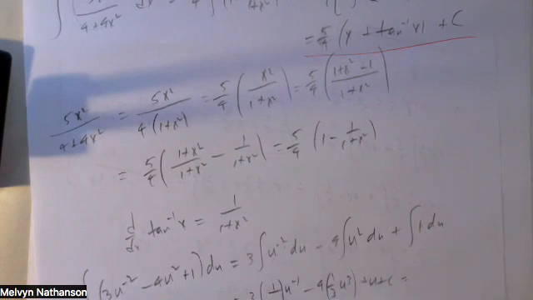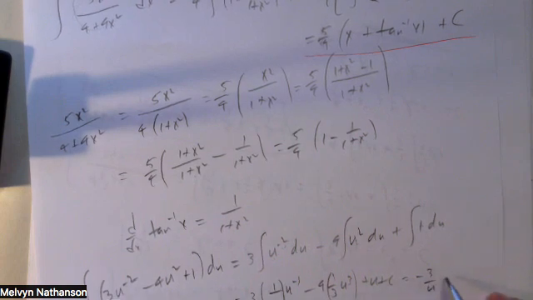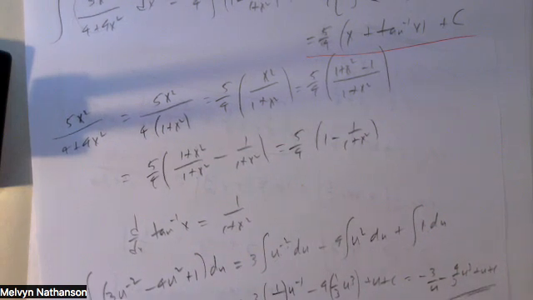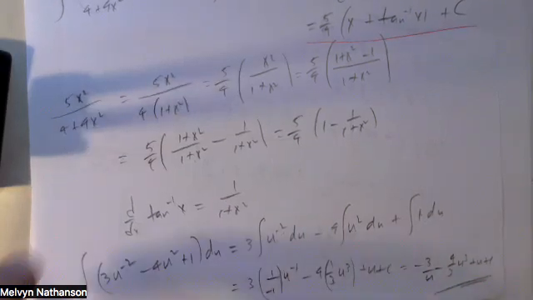So this is minus 3 over u minus 4/3 u cubed plus u plus a constant. And you can check, if you differentiate this, you get 3u to the minus 2 minus 4u squared plus 1. Okay.